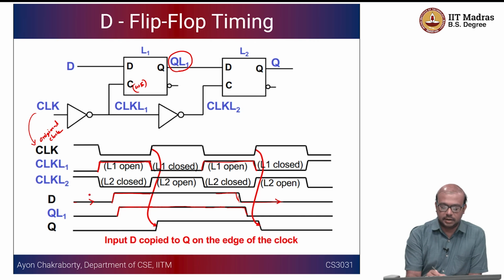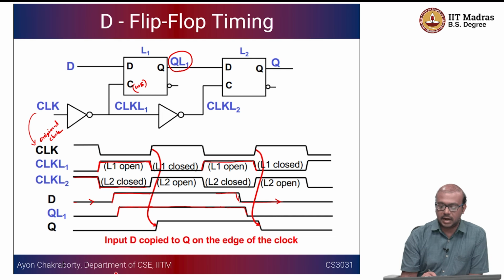The next one is an inversion of clock 1, which is clock 2. When clock 2 is fed to L2, the output is Q, but the data is only transported from QL1 to Q when there is an edge.